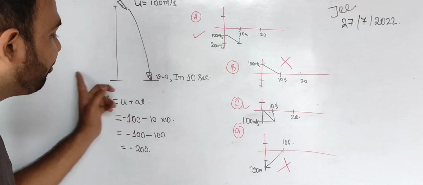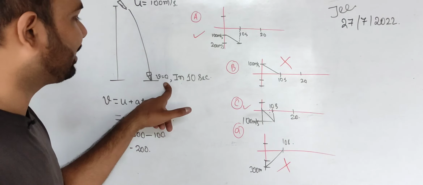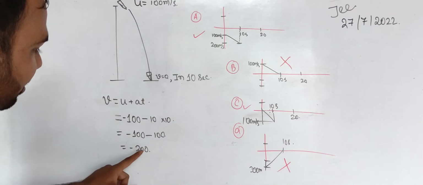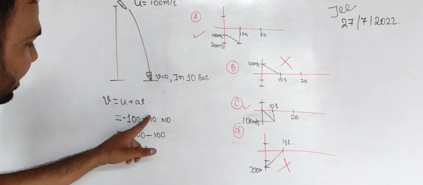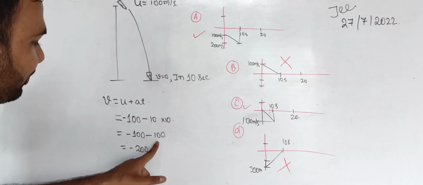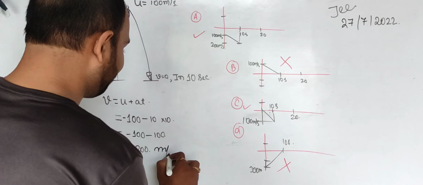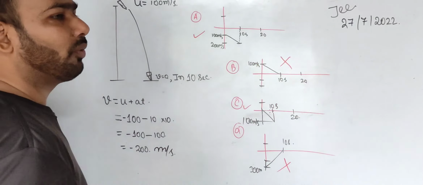Using this formula, we can find the final velocity before touching the ground. After that, it will come to rest, v equal to 0. So before touching the ground, the initial velocity was minus 100, acceleration was minus 10 into time 10 seconds. This gives us 200 meter per second, minus in sign, minus 200 meter per second. After that, it comes to rest.